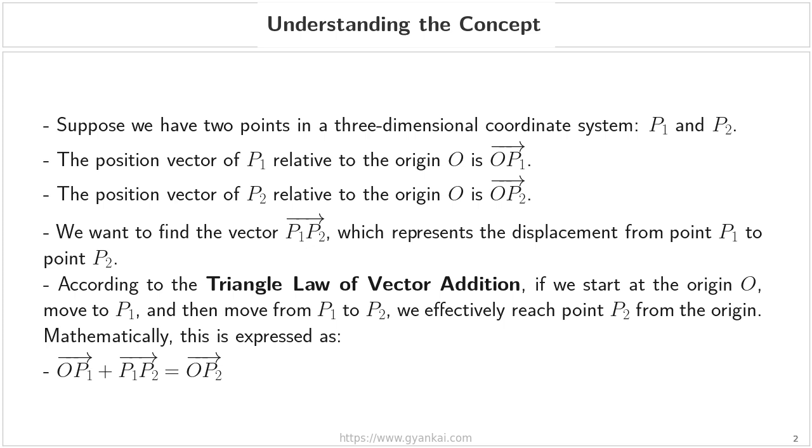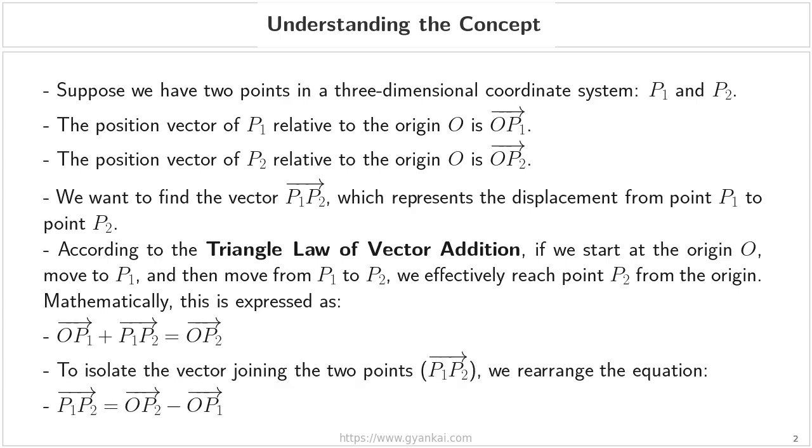Mathematically, we write this sequence as vector OP1 plus vector P1P2 equals vector OP2. Now, since our objective is to find that connecting vector, P1P2, we can use simple algebra to rearrange this equation. By subtracting vector OP1 from both sides, we isolate our target. This gives us the formula. Vector P1P2 equals vector OP2 minus vector OP1.